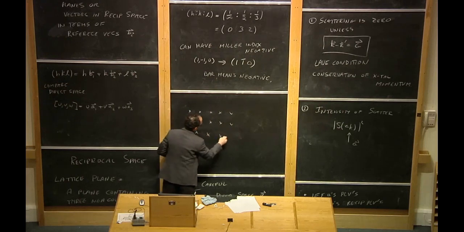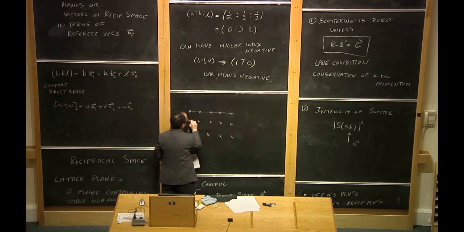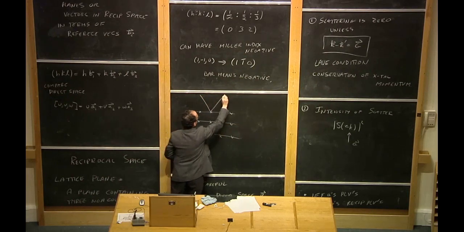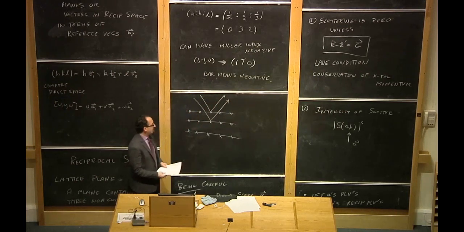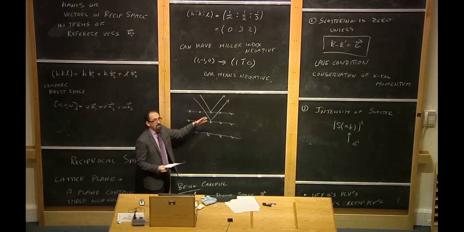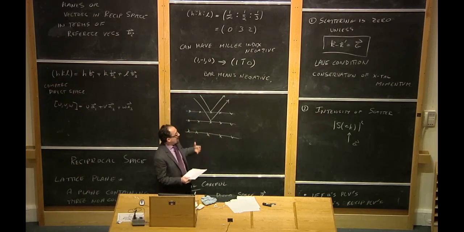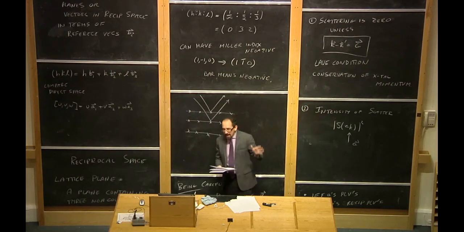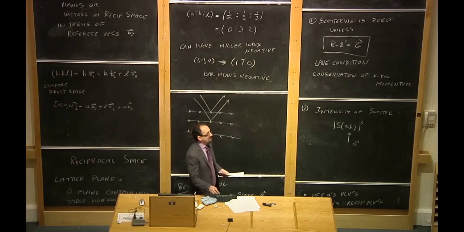It is really a family of lattice planes. You send a wave into the family of lattice planes, and it bounces off, but it could bounce off this layer too. You know very well that if you bounce off planes like this, you get diffraction, and diffraction only occurs at certain angles, where you get constructive interference. We're going to see that this Laue condition is exactly the same condition as having constructive interference. We'll do that next time.